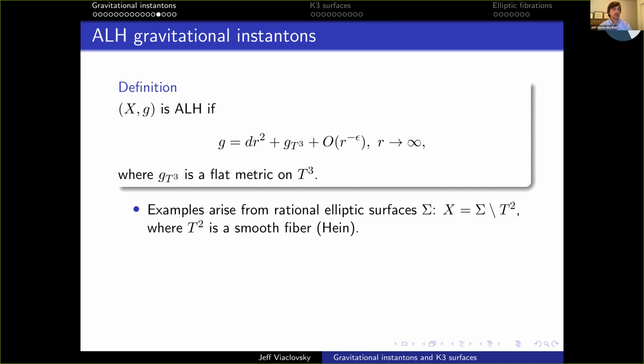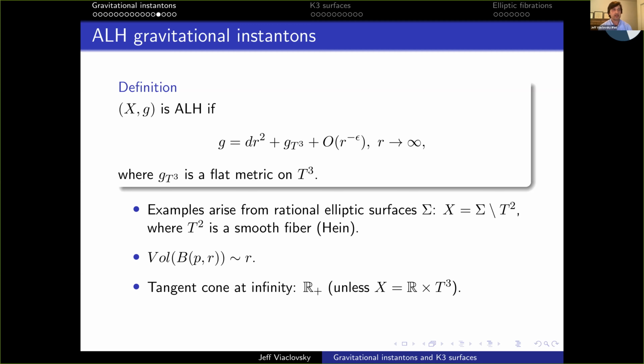Okay, so these examples arise from the complement of a smooth fiber in a rational elliptic surface. This was also done in Hein's thesis, building on work of Tian-Yau. The volume growth of metric balls is linear for these examples.